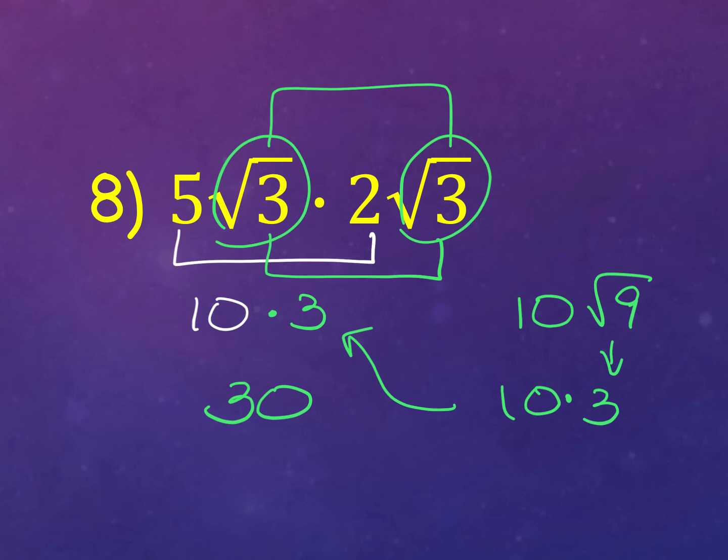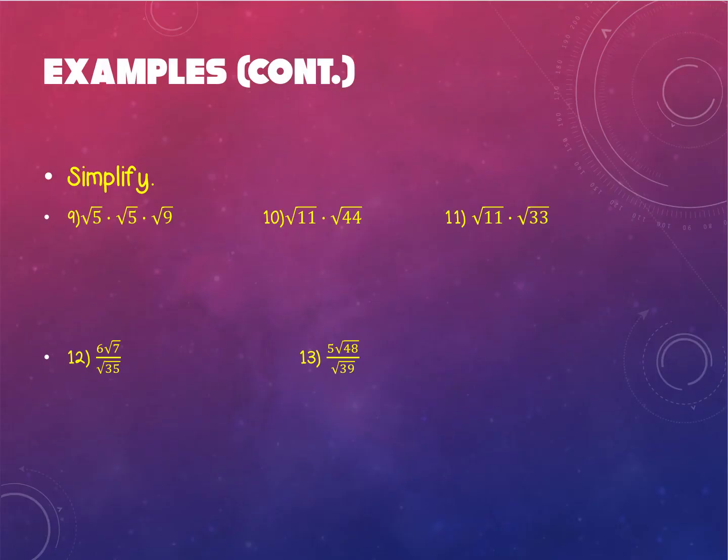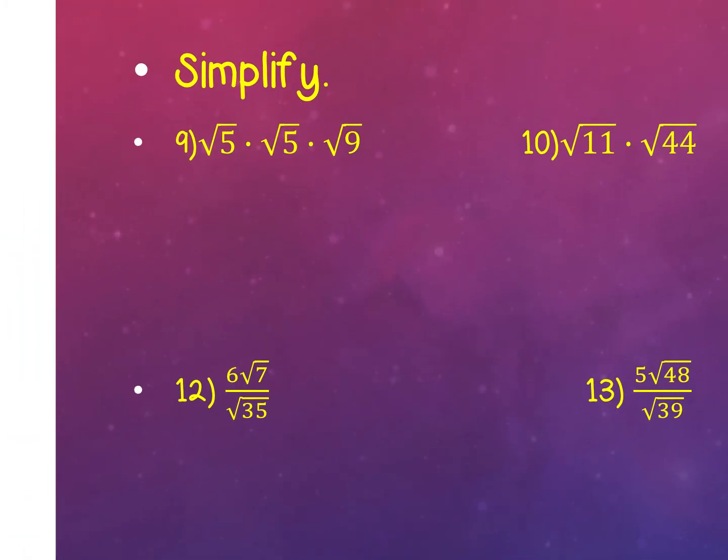Let's try some more examples. Number 9. Now, again, we can go about doing this problem 2 different ways. Because we're not using a calculator, what I recommend you do is don't multiply the three numbers under the radicals.